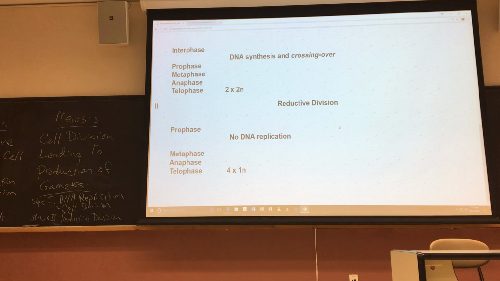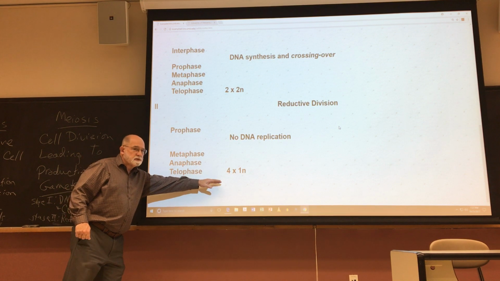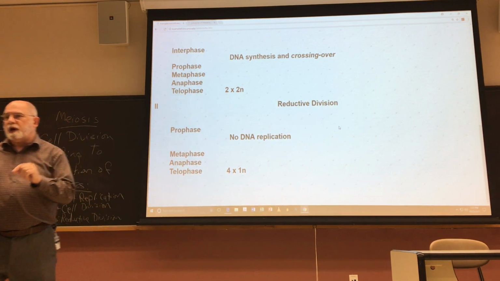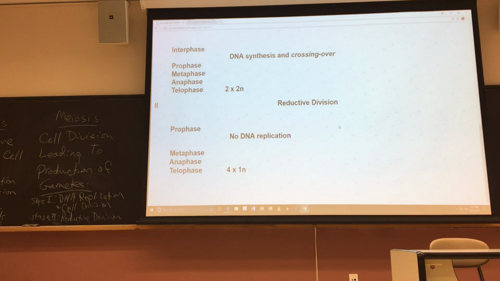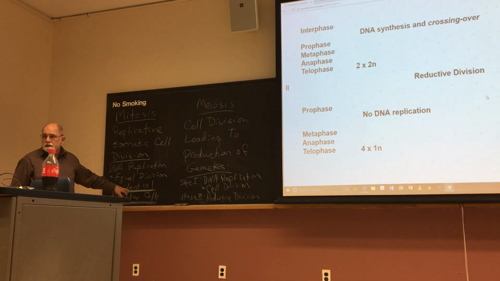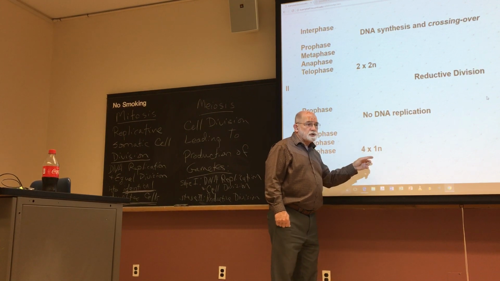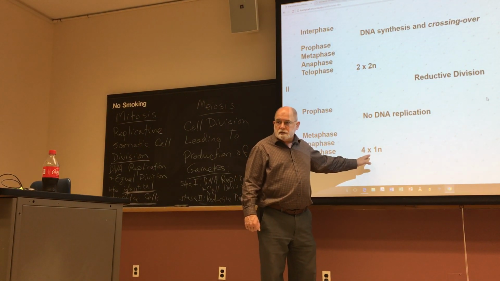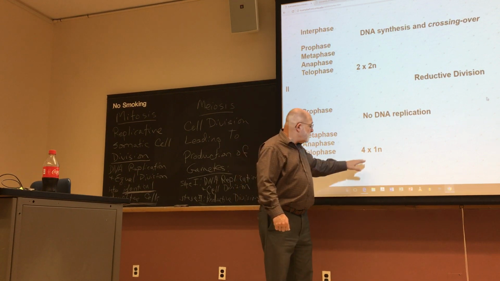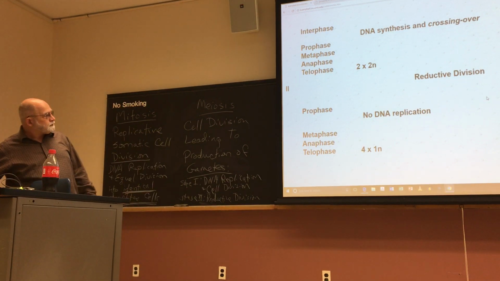Now, are the products of meiosis genetically the same as the products you get in mitosis, being identical? No. So you can get 4 different combinations of genes in those gametes. So non-identical daughter or son cells.